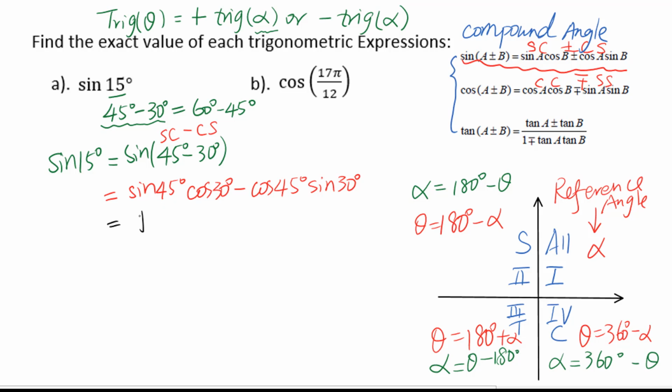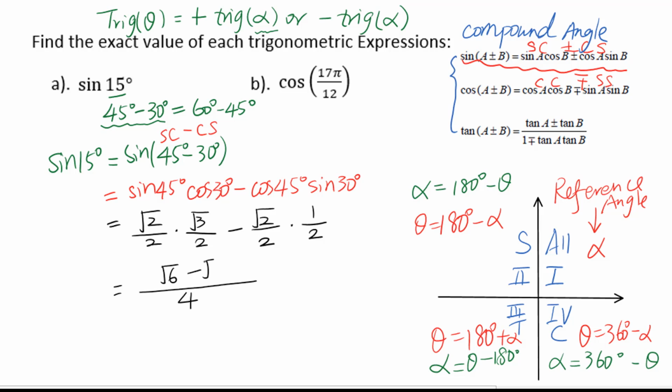Sine 45 degrees is square root of 2 over 2 times cosine 30, that is square root of 3 over 2. Then minus cosine 45, which is square root of 2 over 2, times sine 30, which is 1 over 2. So you will get square root of 6 minus square root of 2, over 4. This is sine 15 degrees.